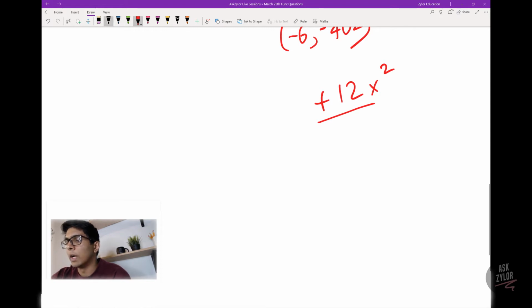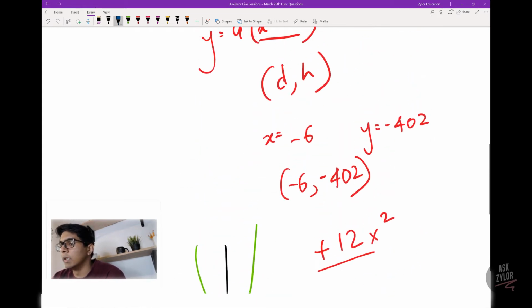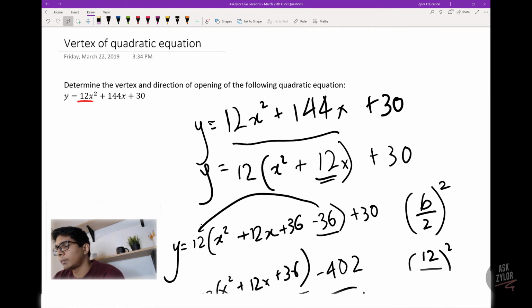Now, if I have plus 12, what that tells me is my function is always going to open upwards. If it was minus 12, that means my function is always going to open downwards. That's all I needed to know. So if it's positive 12, the direction of opening is going to be upwards.